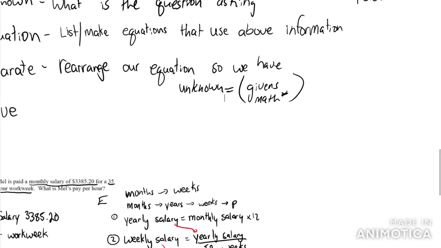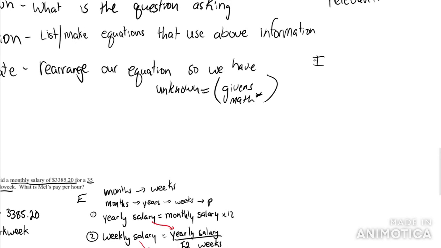So for example, say you were dealing with I equals PRT. This is our simple interest formula that I was talking about in a previous video.